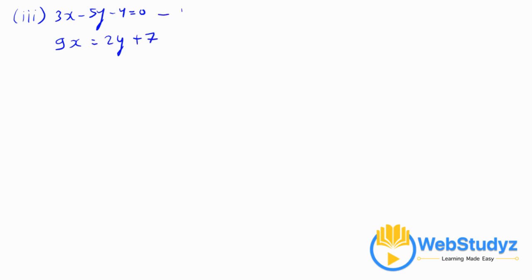So this is our first equation, and the second equation we can write as 9x minus 2y minus 7 equals to 0. This is our second equation. Now first applying the elimination method.